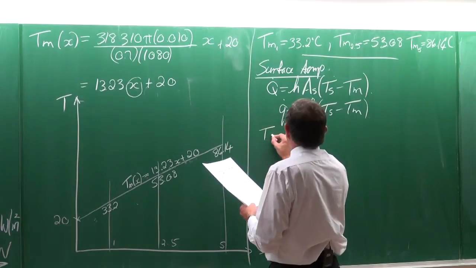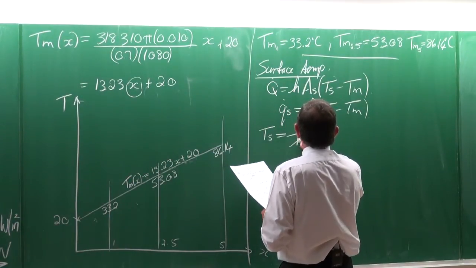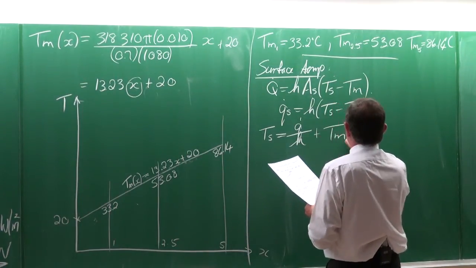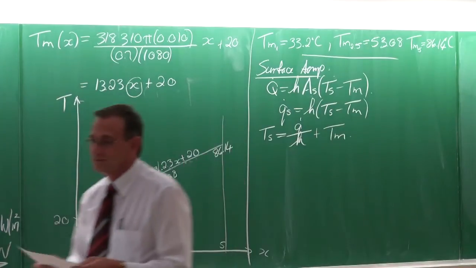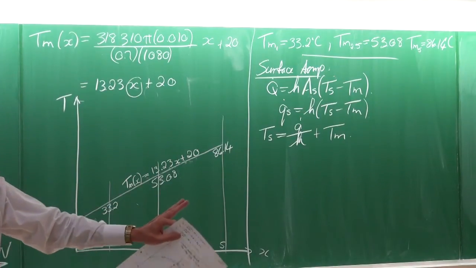Or in general, the surface temperature is equal to the heat flux divided by the heat transfer coefficient plus Tm. You all are happy with that?